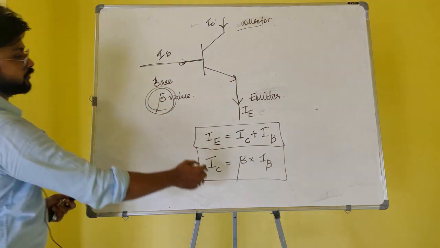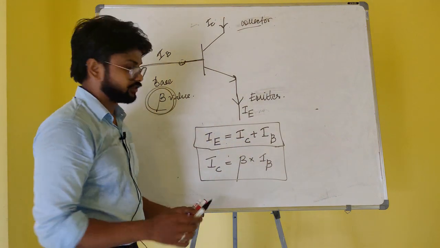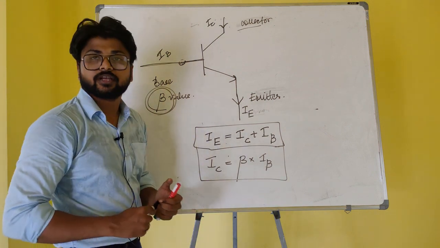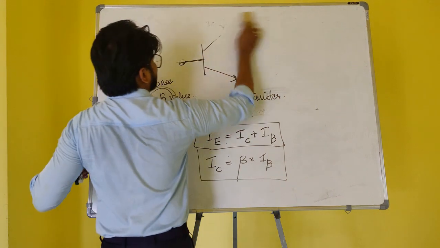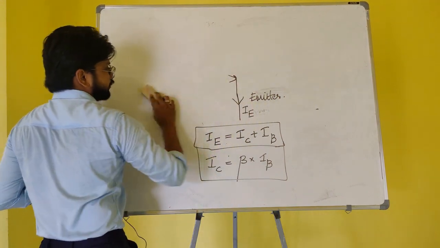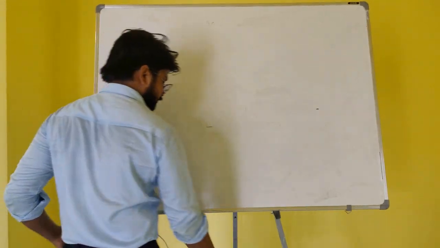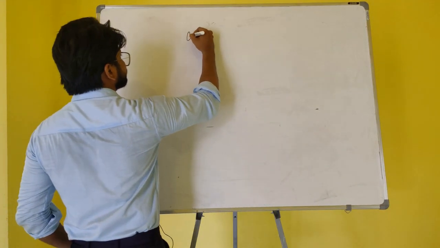These two are the only equations. By using these two equations, we can solve any type of circuit configuration in which the transistor or BJT is being used.